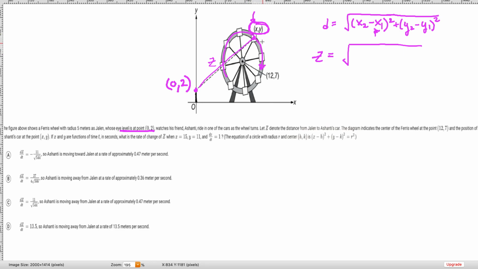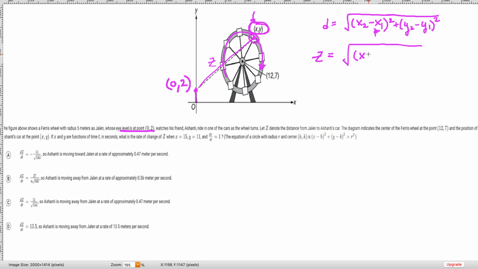But the eye level that this person is watching from, this is Jalen, and they're watching Ashanti in the Ferris wheel cart. Jalen's staying still, but Ashanti's moving in this cart around the Ferris wheel. The point for Ashanti is x comma y, but the point for Jalen is 0 comma 2.